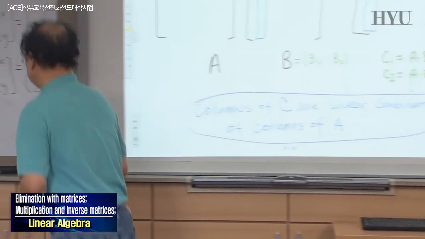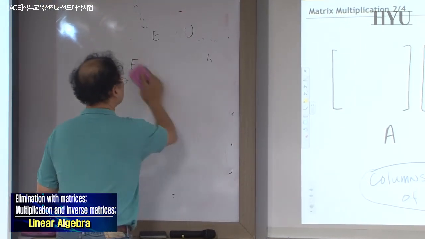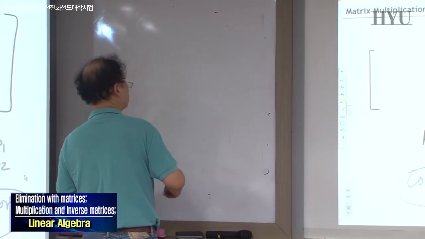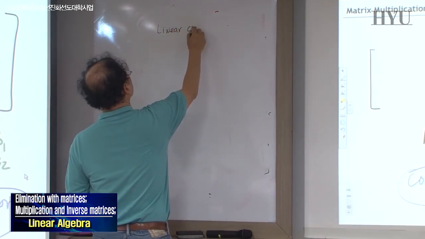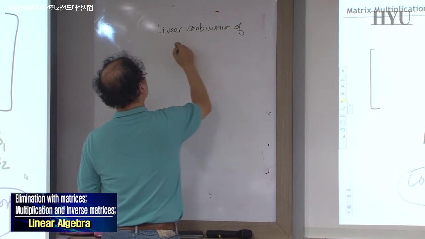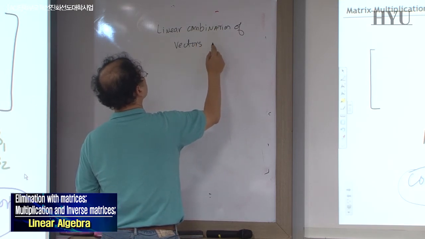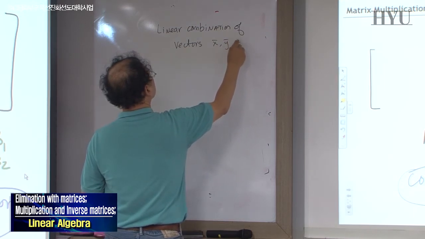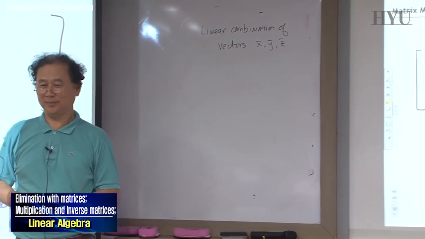Let's go back to what a linear combination is. First of all, let's go back to the linear combination of vectors. Let's say x, y, and z.